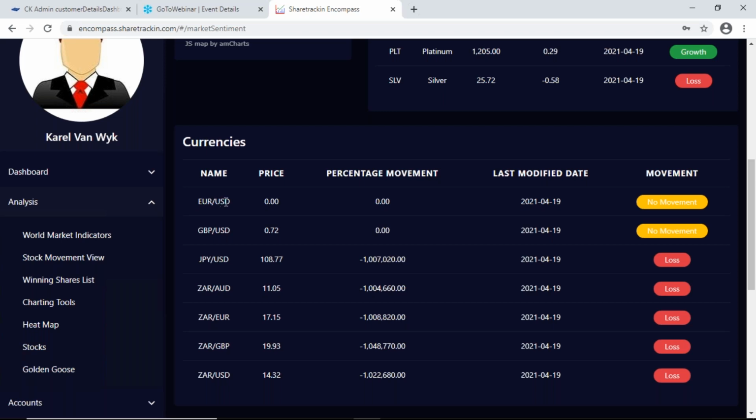So whether it's the euro to the US dollar or the ZAR to the euro, the price. So what one is worth, so how much 1 euro is worth in US dollars, what the movement for the day is, when it was last updated, and whether there's no movement or it's a loss or a growth.